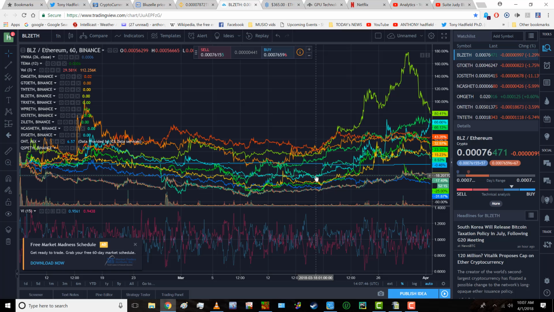ONT, Ontology, I know that name. This spikes up relative to everything else, up 66%. Then you have a means of deciding, well, I want to take this one out of the portfolio, put the money on the side, wait for it to come back down, and then reinvest it.